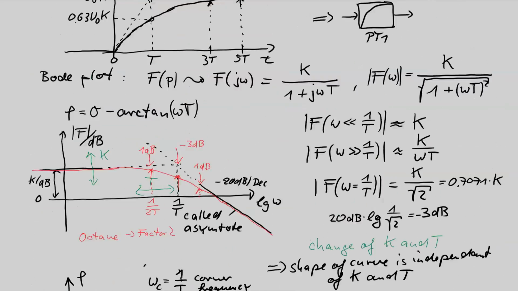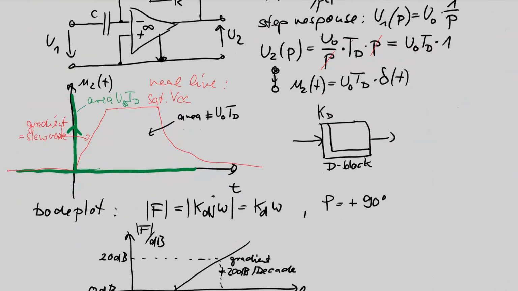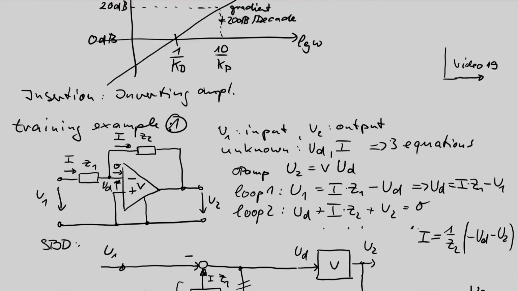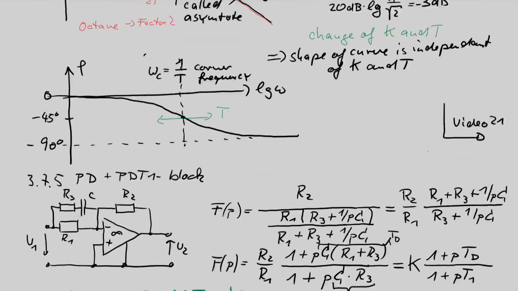If you go back to the D block, where is the D block? Here. The display is very similar. The only difference is the distance from this line to the bottom line. So it sometimes is helpful to have a clear difference between those symbols.